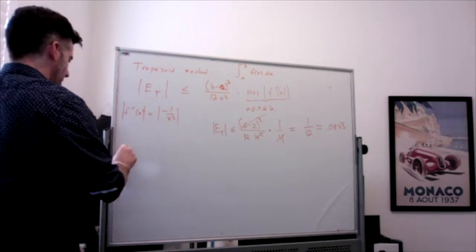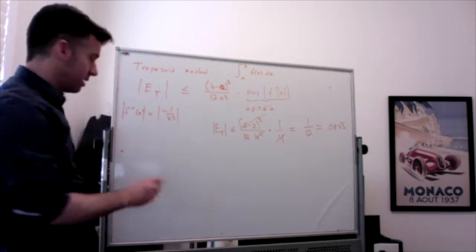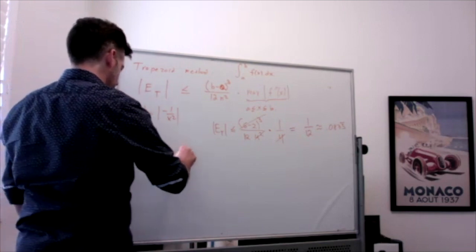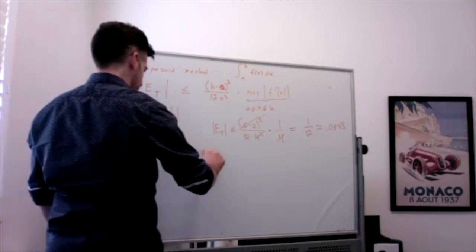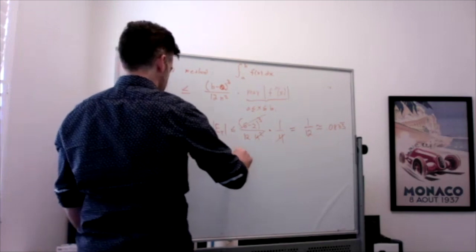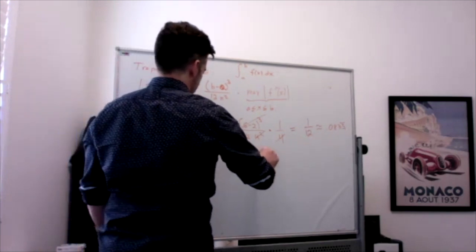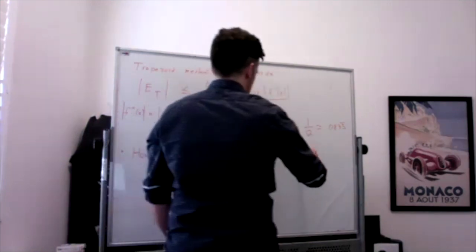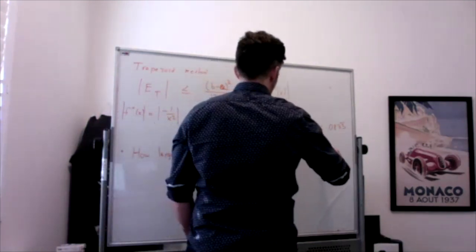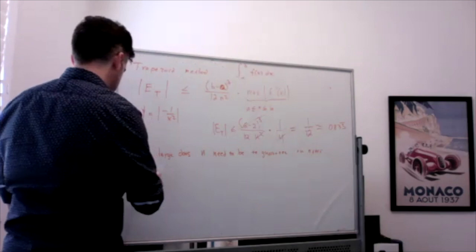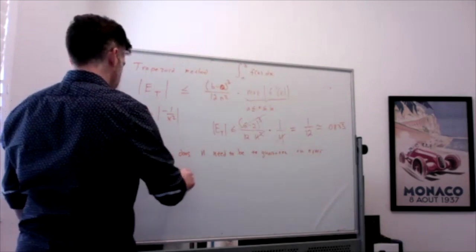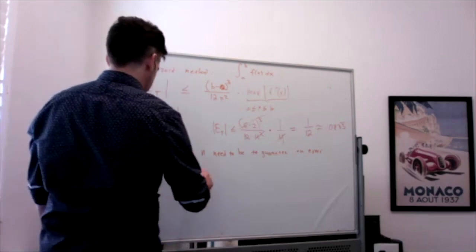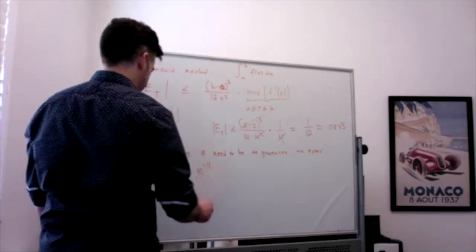The other question people like to ask is, how large does n need to be to guarantee an error less than, usually for these ones people use scientific notation, so less than something like 10 to the negative 4th.